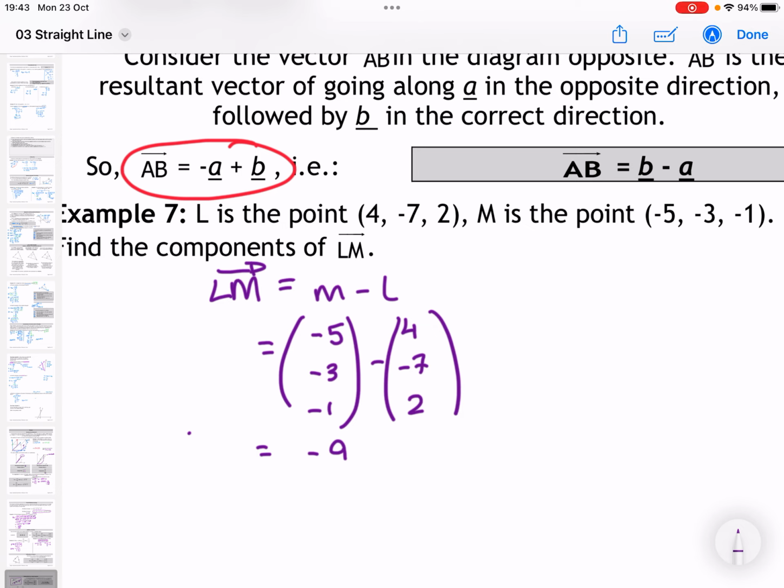Minus 3, take away minus 7, becomes positive 4. And minus 1, take away 2 is minus 3. And that is your components of LM. That's all it is. So always second, take away first.